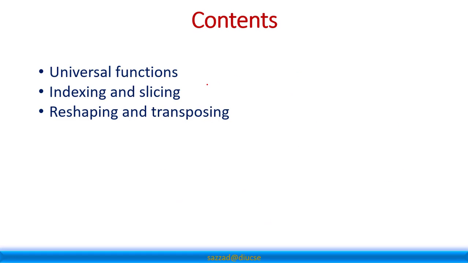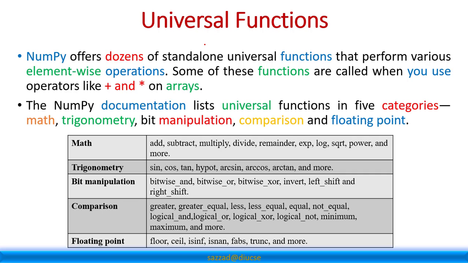So these are the concepts that we are actually going to talk about. Let's first start with universal functions. NumPy offers dozens of standalone universal functions that perform various element-wise operations. Some of those functions are called when you use operators like the plus symbol or the multiplication symbol on arrays.